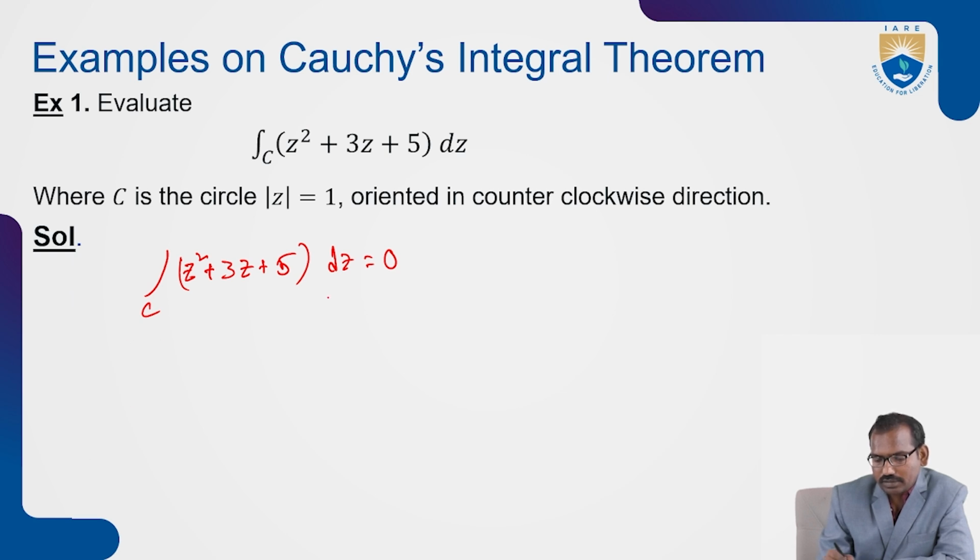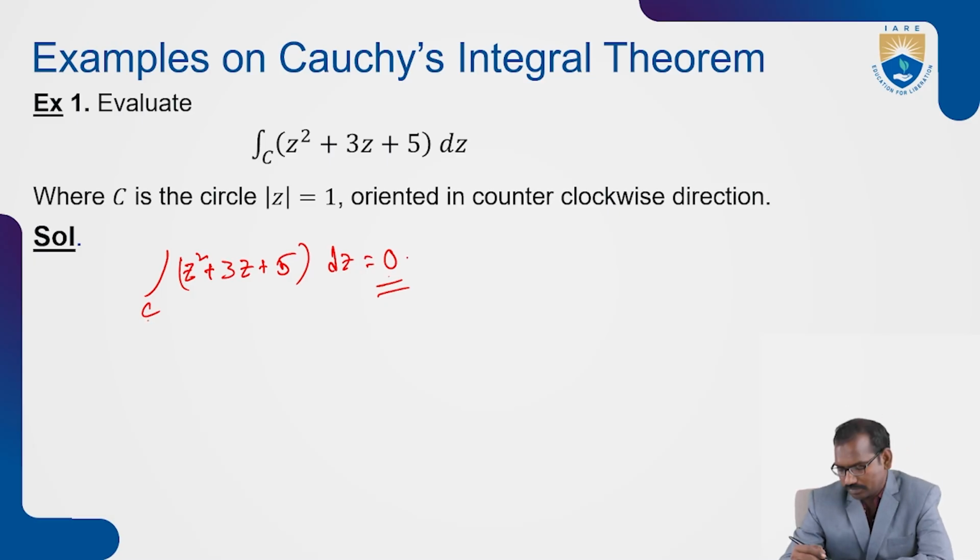We are getting this conclusion with the help of Cauchy's integral theorem, because our integrand is analytic within and on the boundary of C. That's why the result is 0. Because the function is analytic in the simple closed curve, evaluation of the integral is very simple.